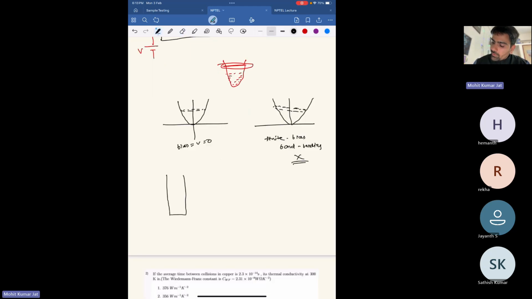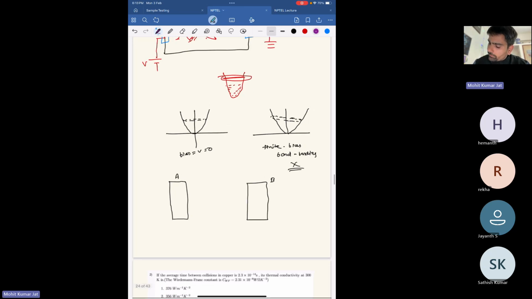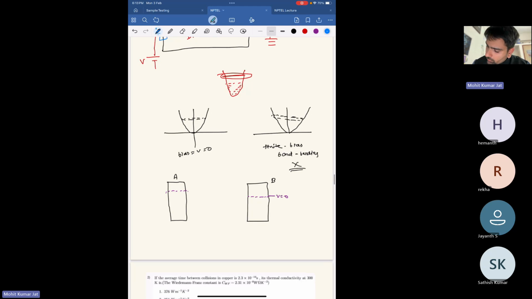If I draw the potentials at these points, these are my A and B. The levels are filled till this point. This is V equal to 0. The difference between these levels is V, the bias which you apply. And now your band is somewhere like this.